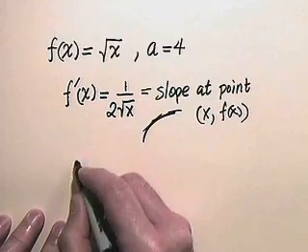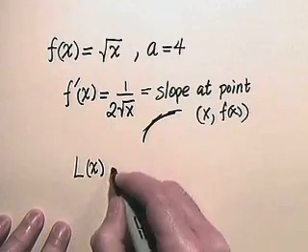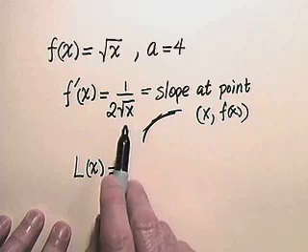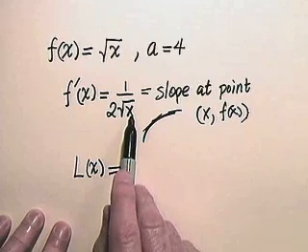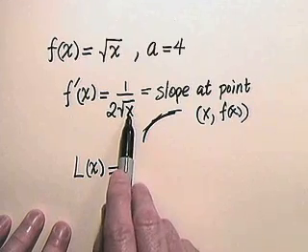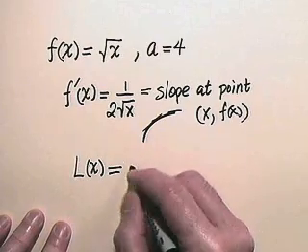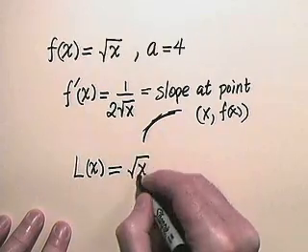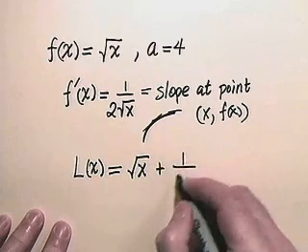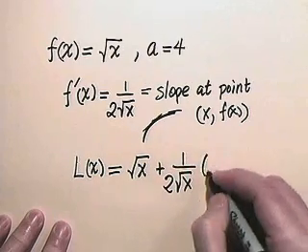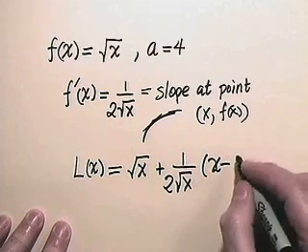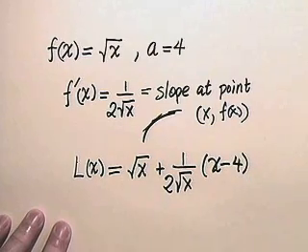And so sometimes students will forget that you have to substitute x equal 4 in this expression for the derivative and instead write something like this. L of x equals square root of x plus 1 over 2 square root of x times x minus 4.